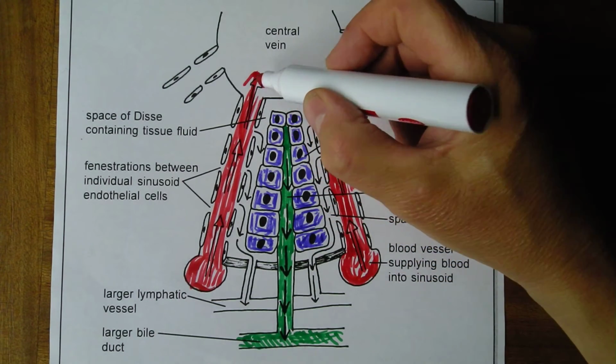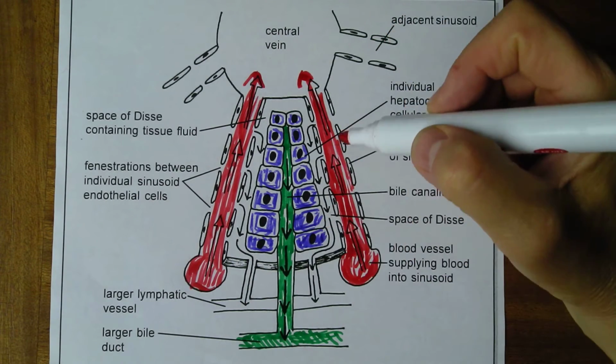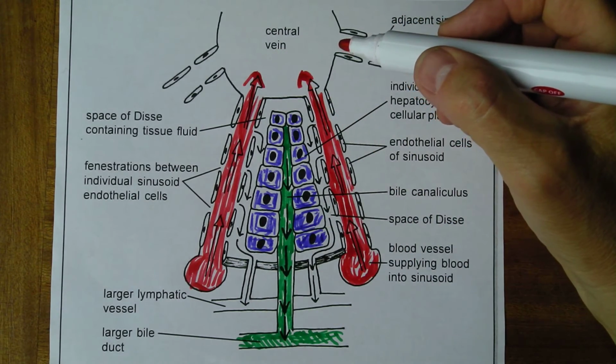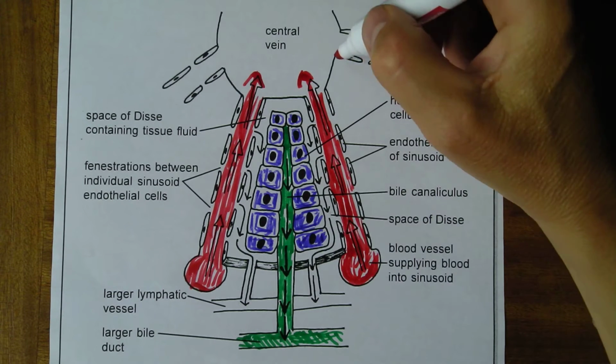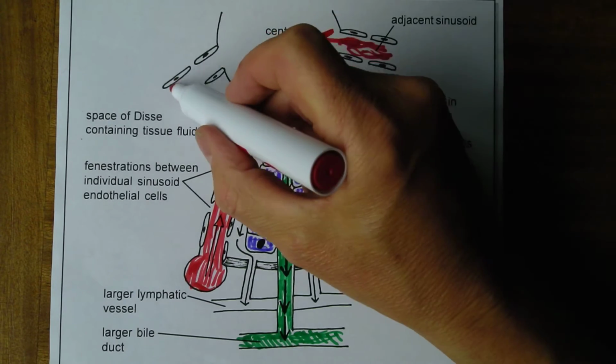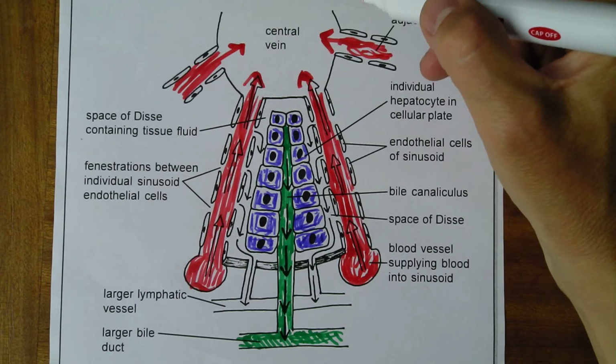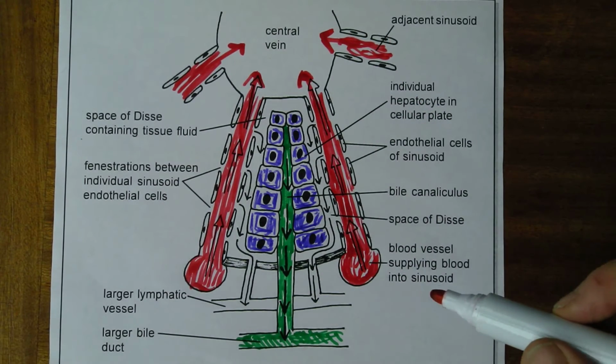But we now know that that was slightly wrong, because there's actually 4 vessels in each corner. We'll see what the fourth one was in a minute. So there's an adjacent sinusoid there, also taking blood towards the central lobular vein, which will drain out from the lobule into progressively larger veins.